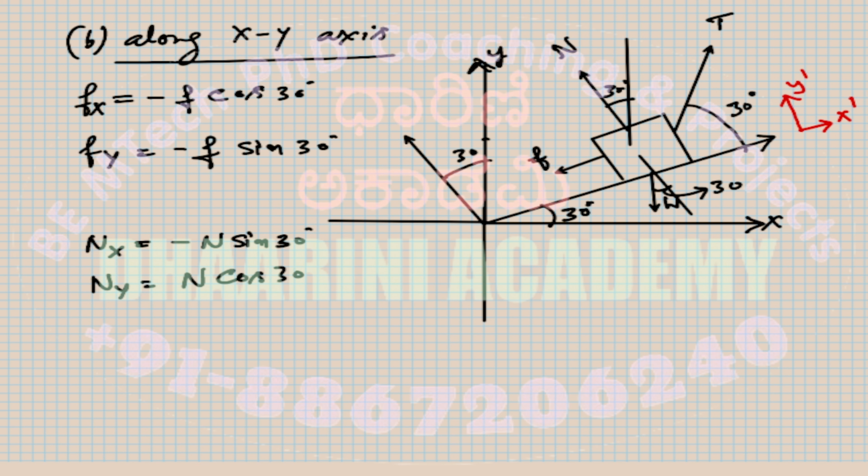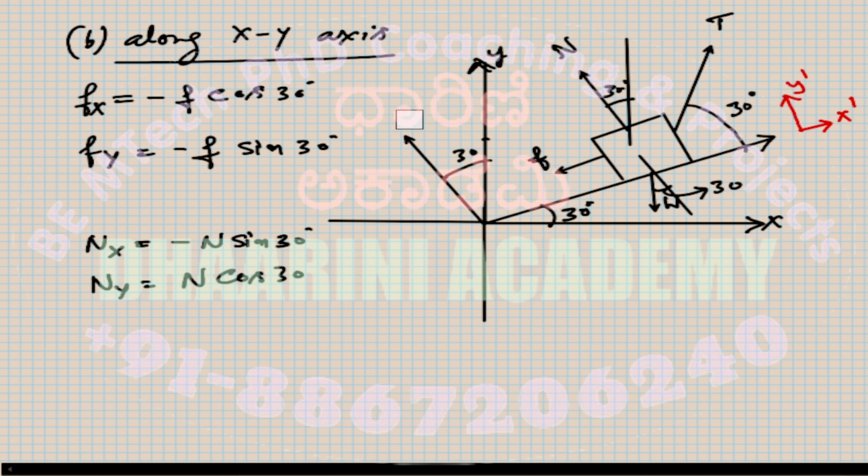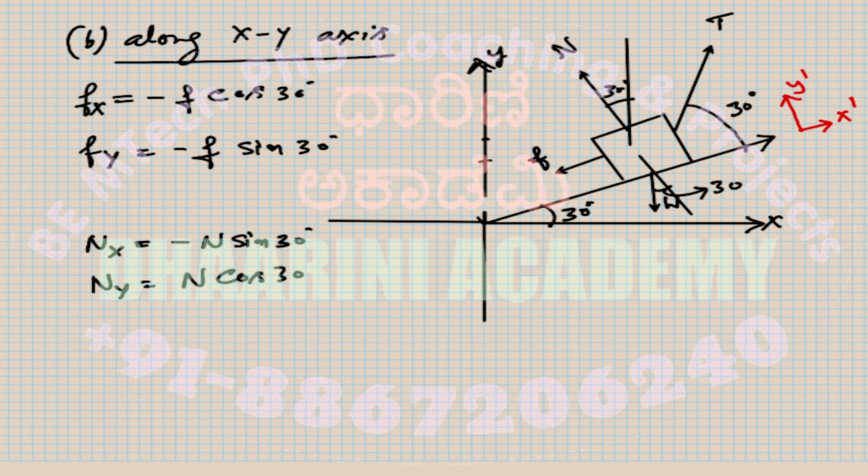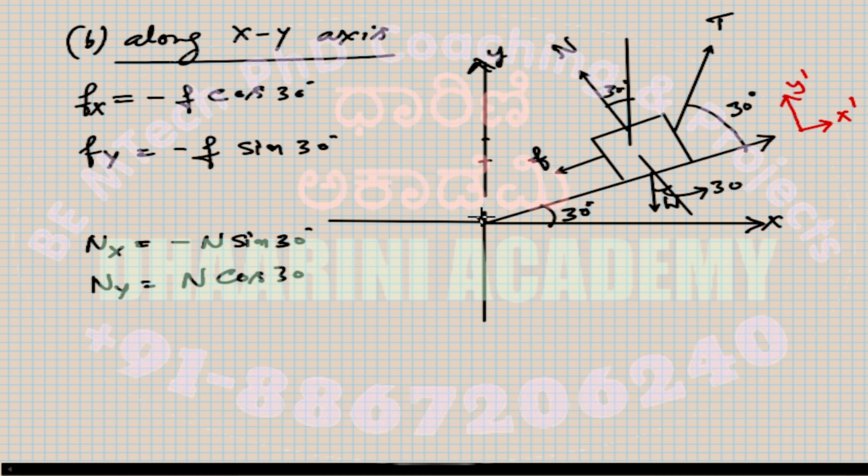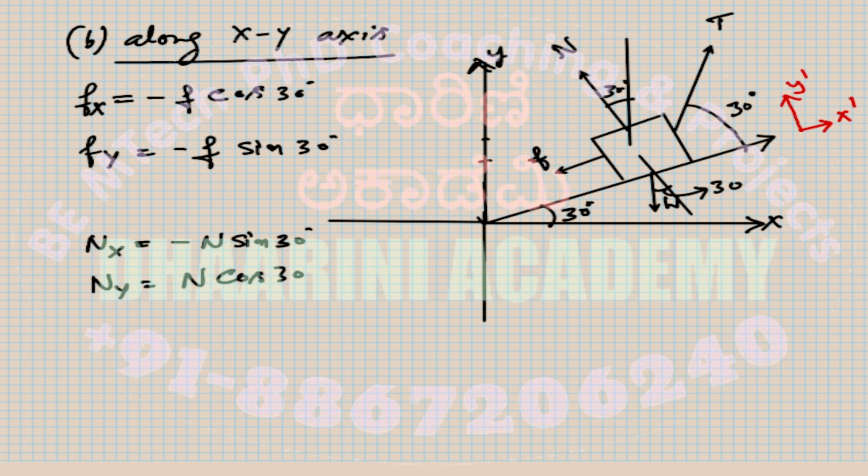Okay, then let us move to the T now. So we want to calculate what happens when I want to split the T along x and y axis. All right. So let us consider the T now. So it's very simple now.